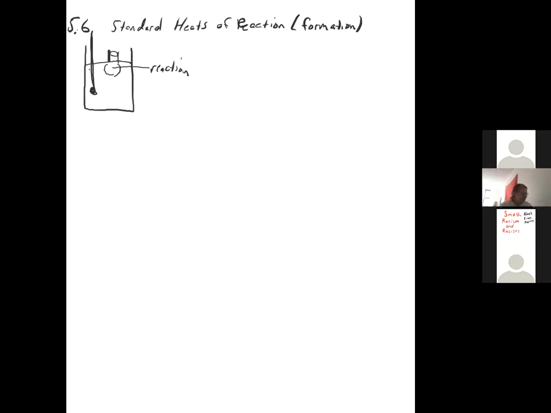We want to have a table of how much heat is released in chemical reactions. Okay, so this topic is all based on the idea that we want to have a table of heats of reaction for various chemical reactions.